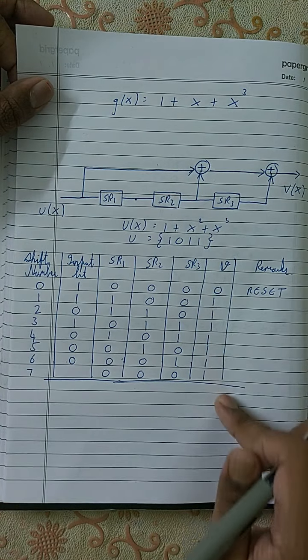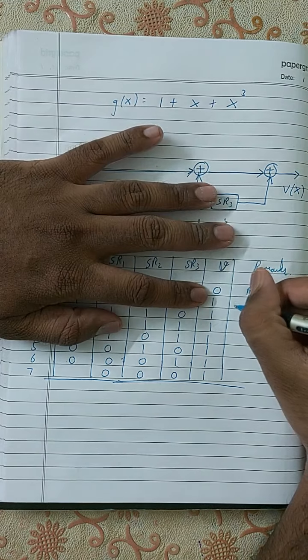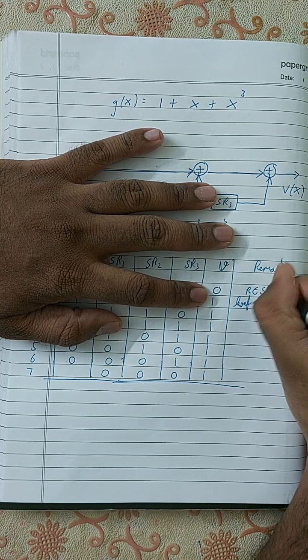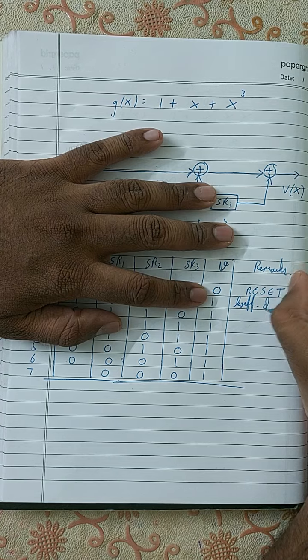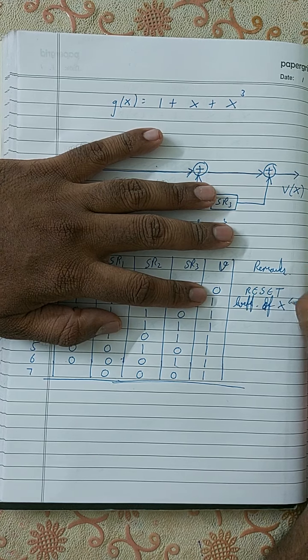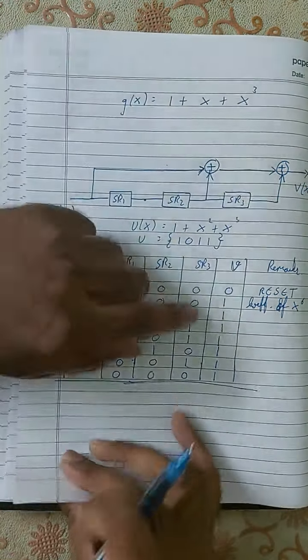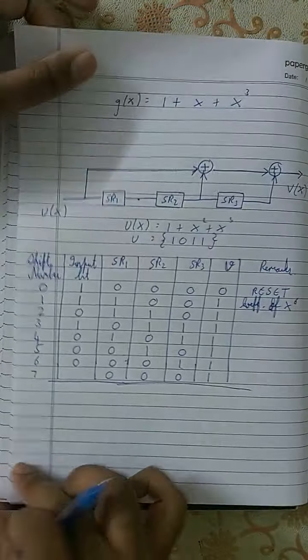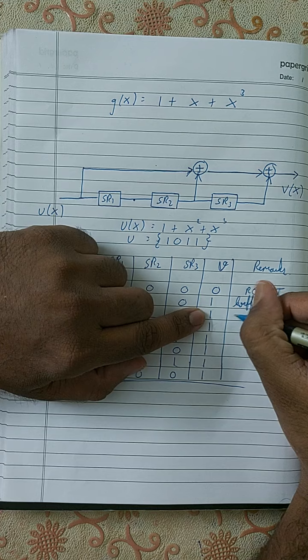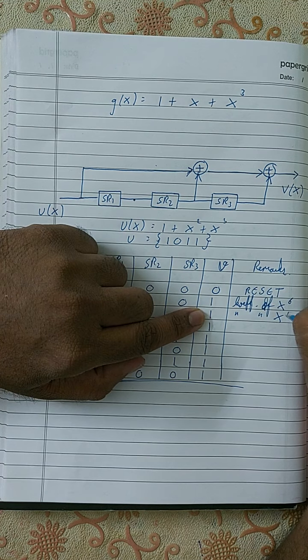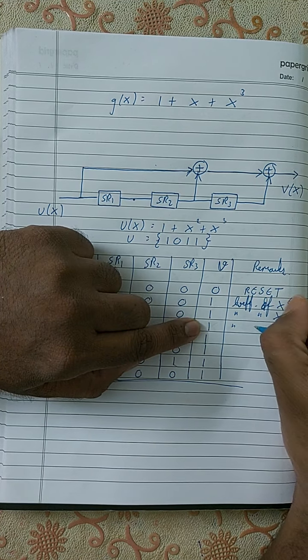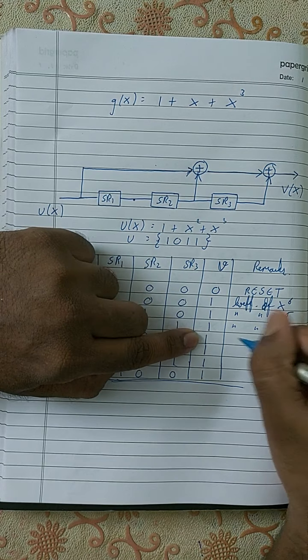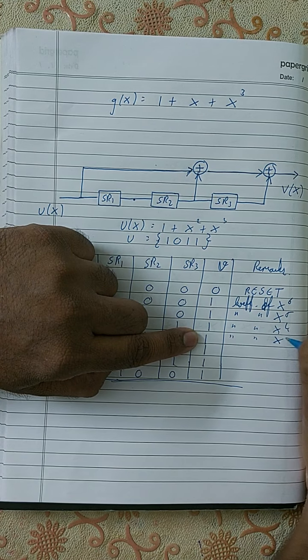This one represents the coefficient of x raised to 6. This one represents the coefficient of x raised to 5. This one represents the coefficient of x raised to 4. This one represents the coefficient of x raised to 3.